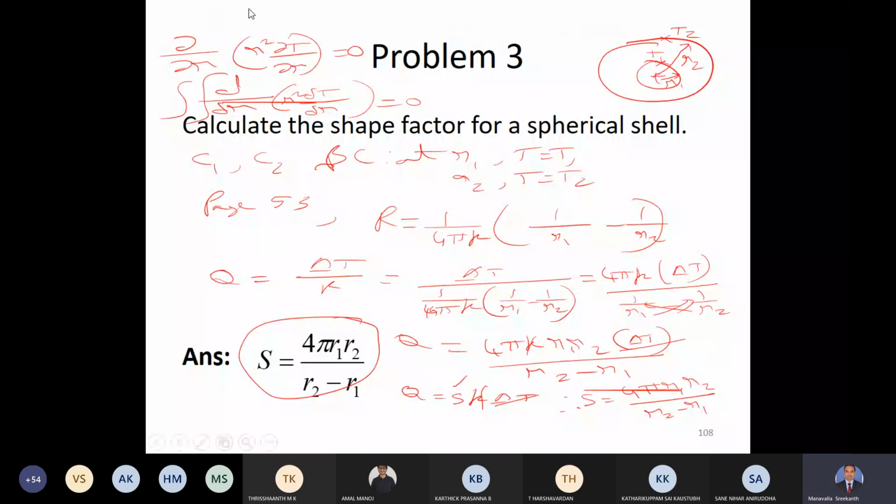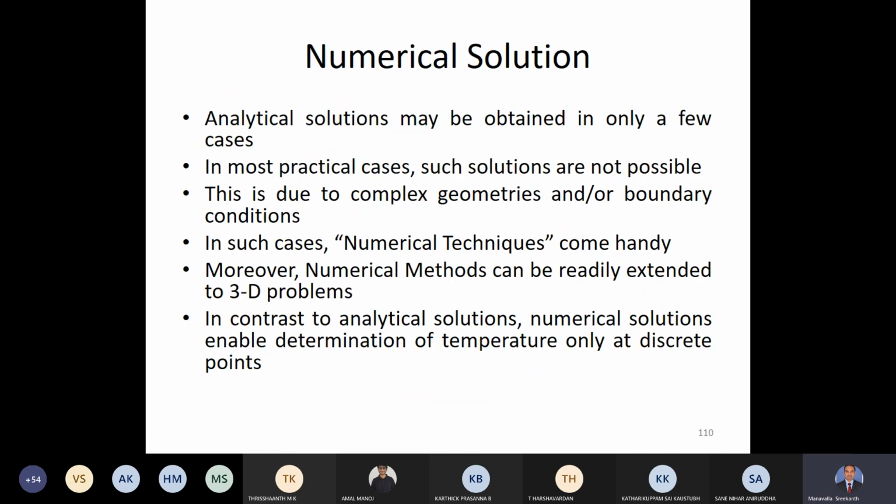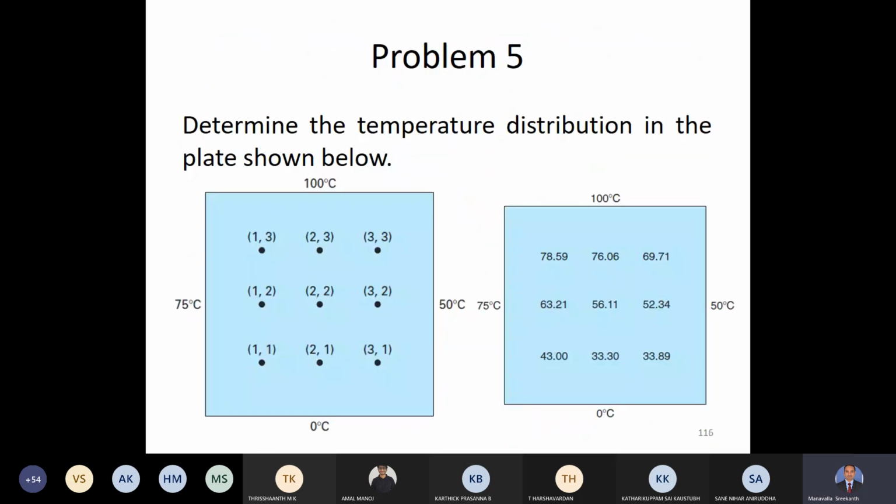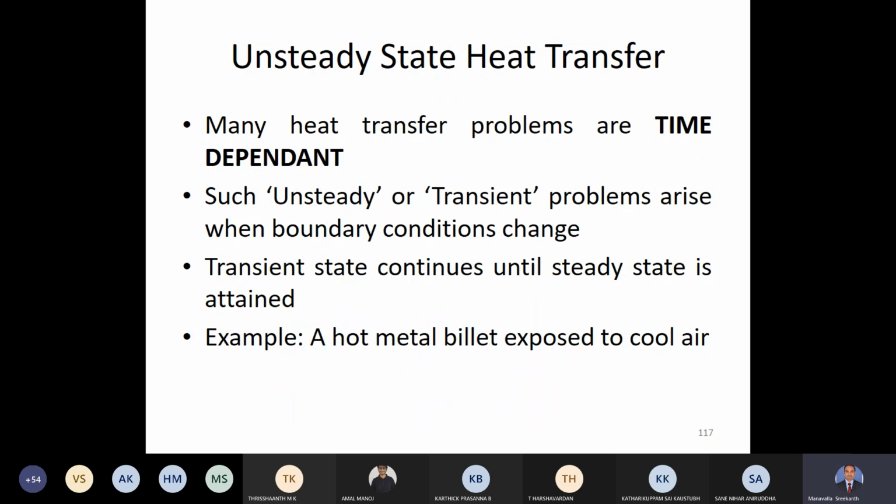This equation is one-dimensional steady state without heat generation, without the transient term. But if you consider the transient term, you will have one extra term on the right. In these partial differential equations, the more terms there are, the more difficulties you face for solution. Therefore, the unsteady state is a difficult problem to solve, but there are ways. We'll study what they are.